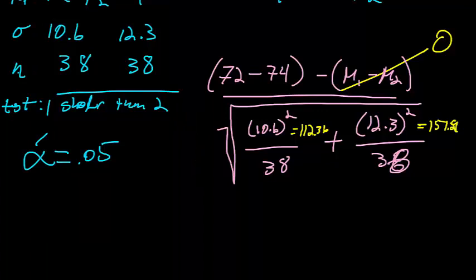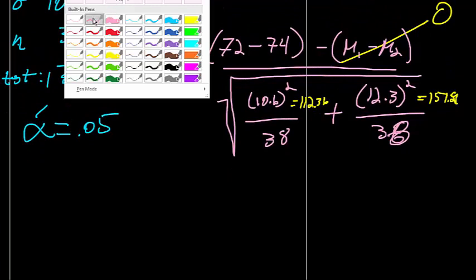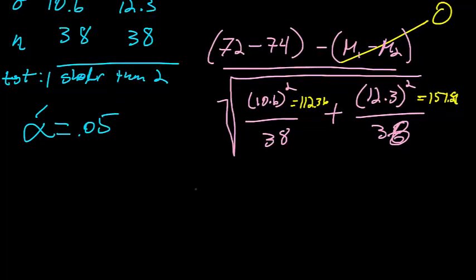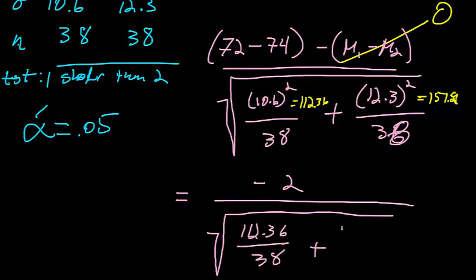Let's just go ahead and rewrite this pink equation again. Let's keep it in pink so that we're all making sense. 72 minus 74 is negative 2 on top. So that's good. Square root of 112.36 divided by 38 plus 151.29 divided by 38.